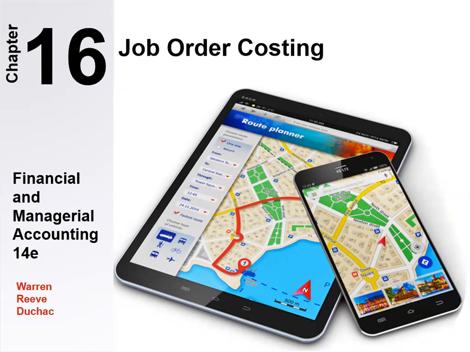You still are going to have materials, work in process, and finished goods, 3 inventory accounts, and then your cost of goods sold. But there's just a few more concepts we're going to add in. For example, instead of them just giving us factory overhead, we're going to learn a different method of accounting for factory overhead costs. And we're just going to learn about specifically job order costing.